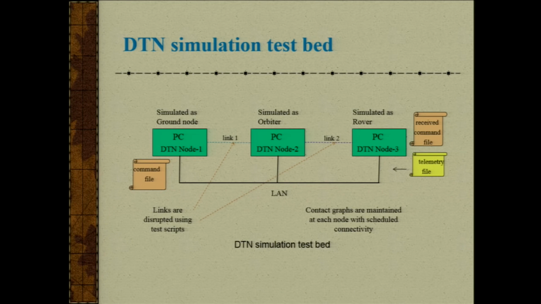In this scenario, we sent a command file from the ground node and delivered it to the rover, and in a similar way at the ground we received the telemetry file through these disrupted links. The contact graph was maintained at each node for routing, or rather forwarding, the bundles. Next slide. Okay.